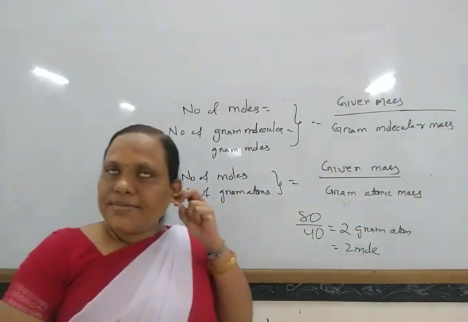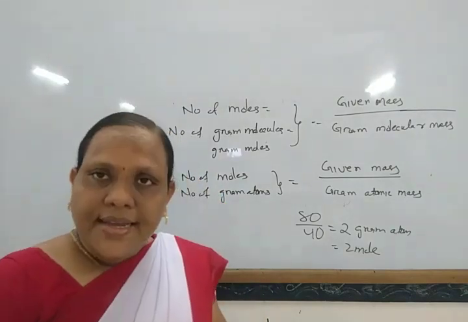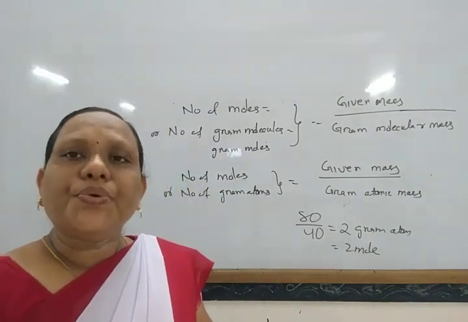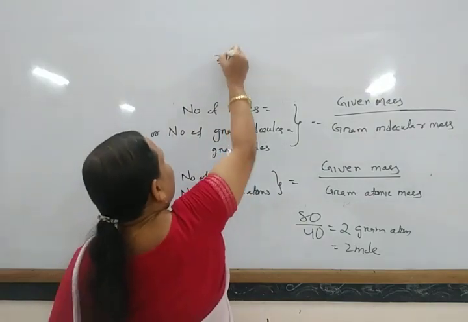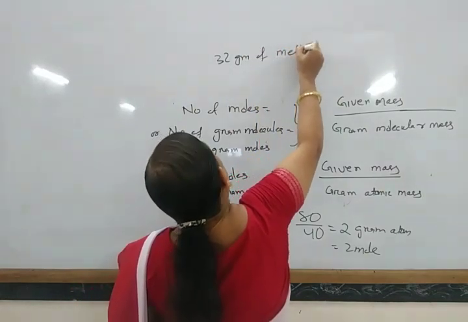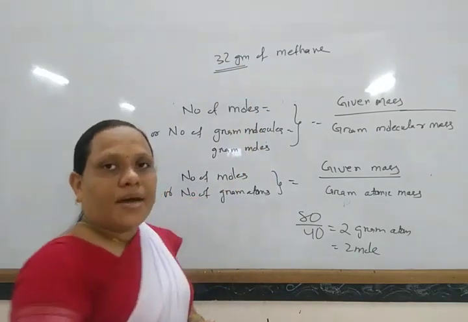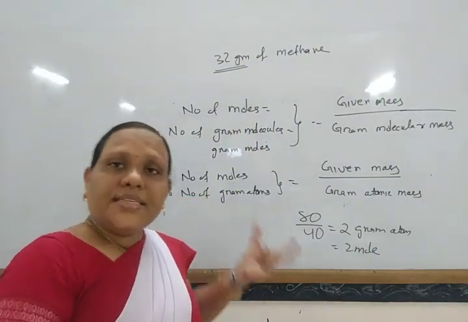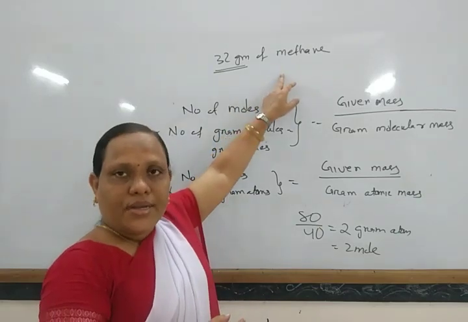Suppose one question is given: how many moles are there in 32 gram of methane? Look here, the weight given is 32 gram, not gram moles or gram molecules.